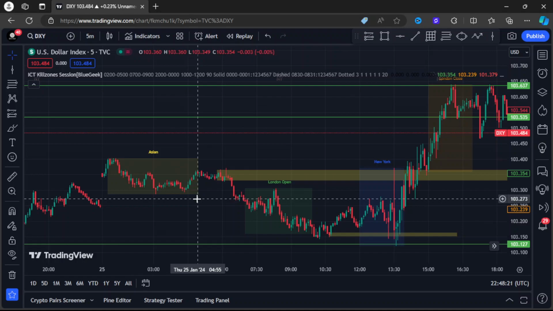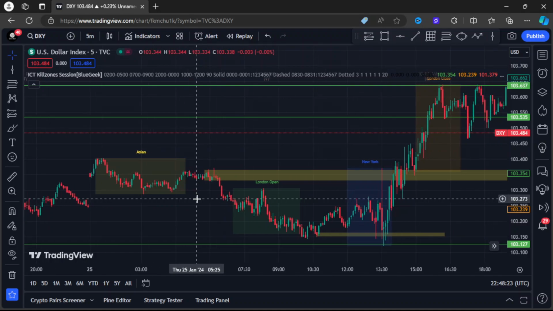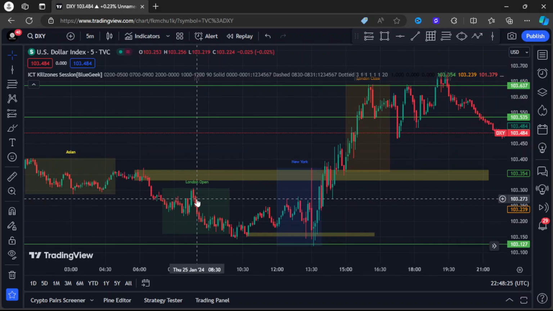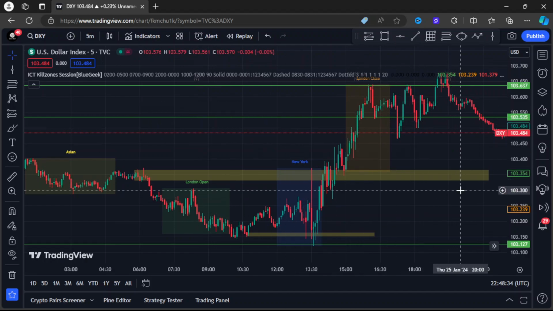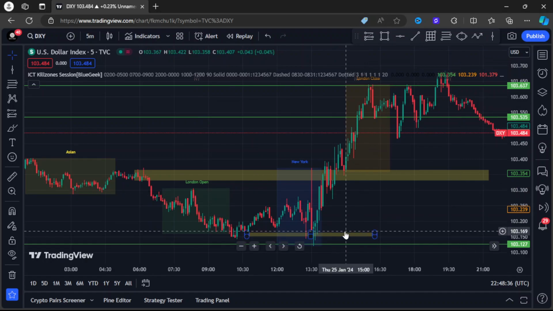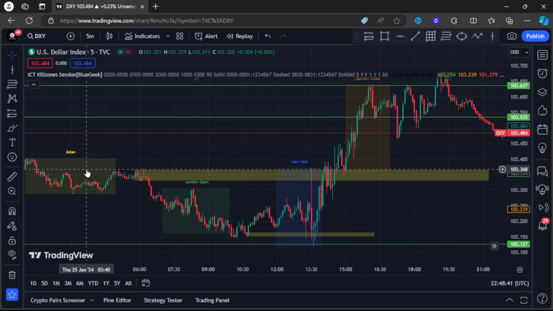That's when the Asian session starts, where it consolidates, and then it moves into the London session, from the London session to the New York session, and from the New York session to the London close session.